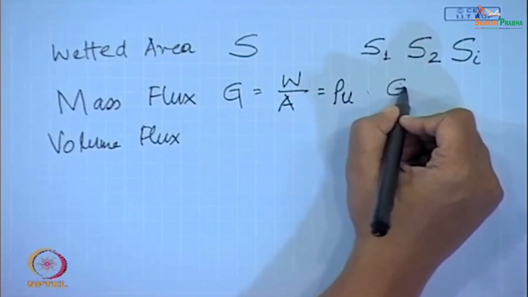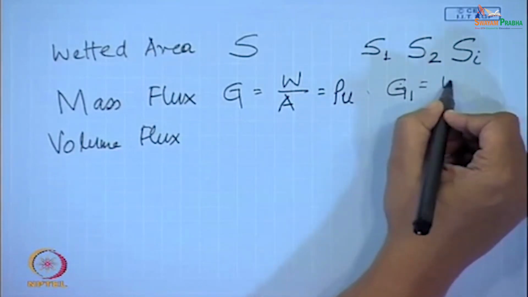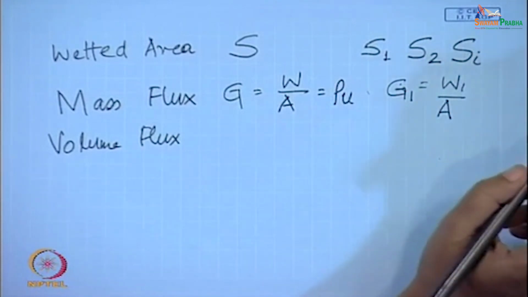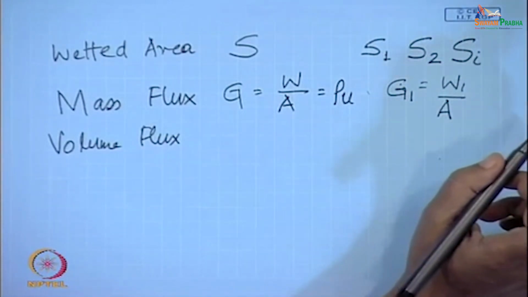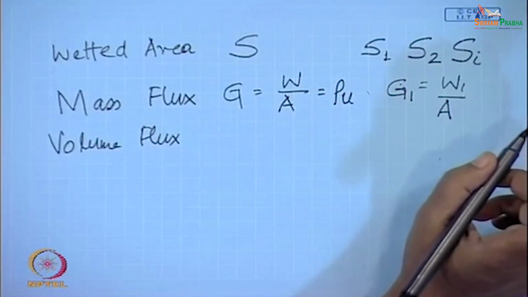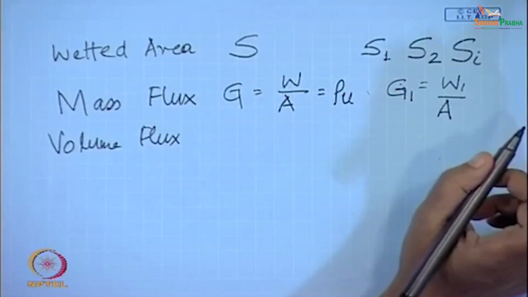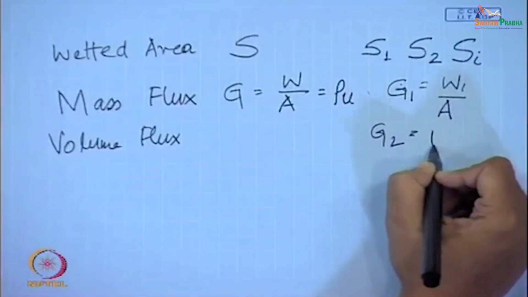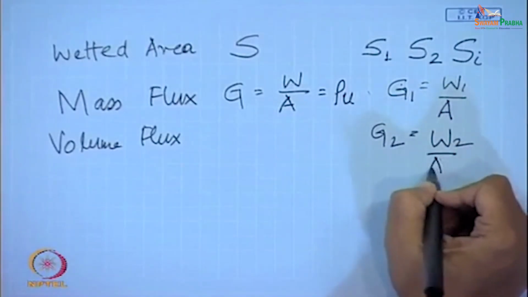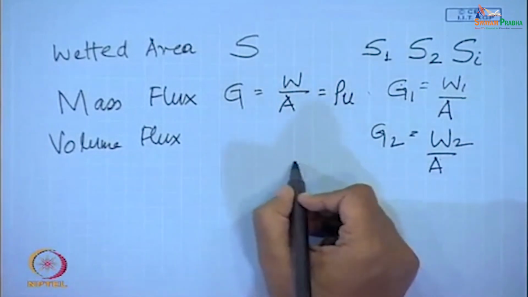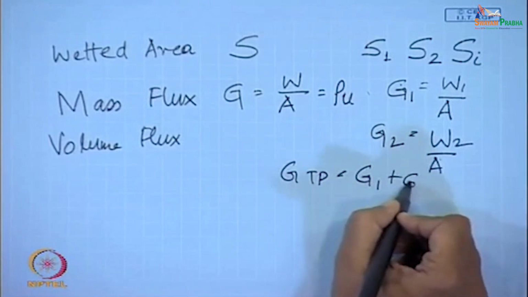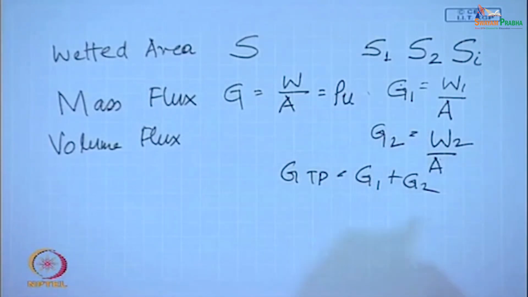We are going to have a G1 which is nothing but W1 by A. Mind it, they are all per unit cross sectional area, not per unit actual area which has been occupied. G2 is W2 by A, and finally, we have G TP which is G1 plus G2, isn't it?